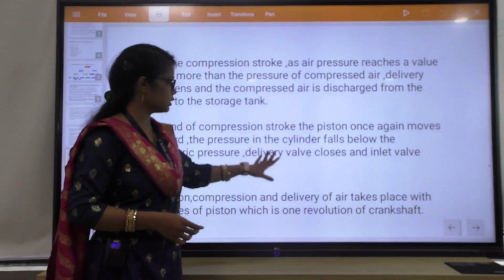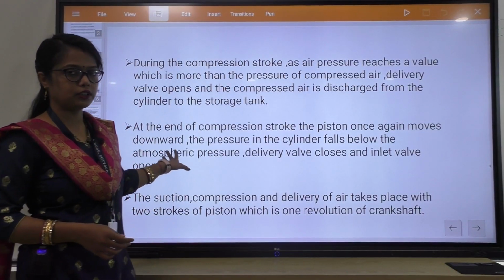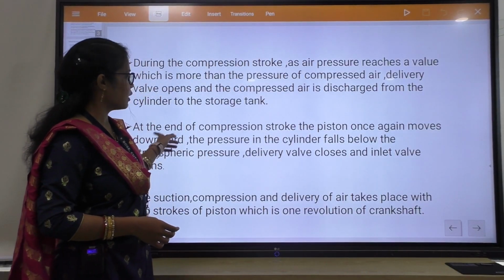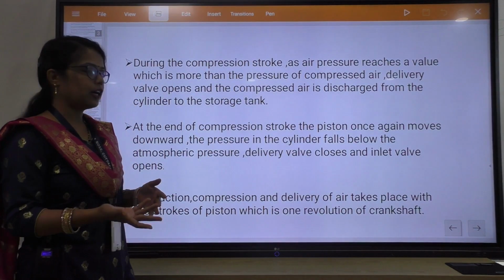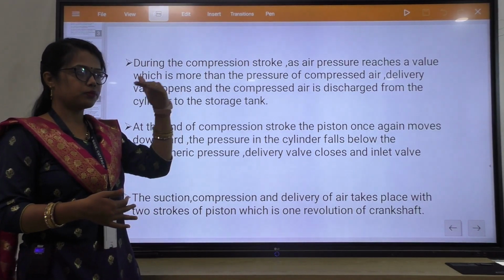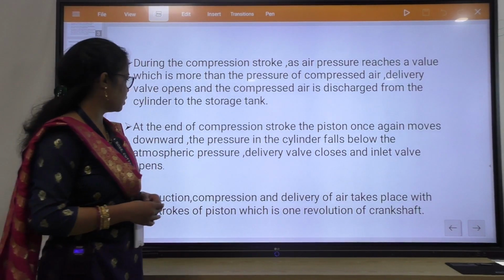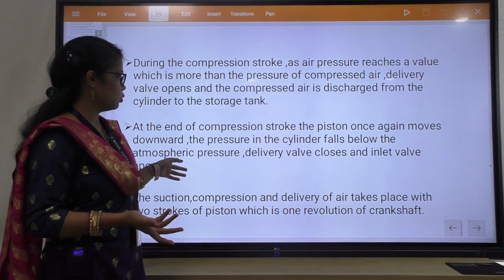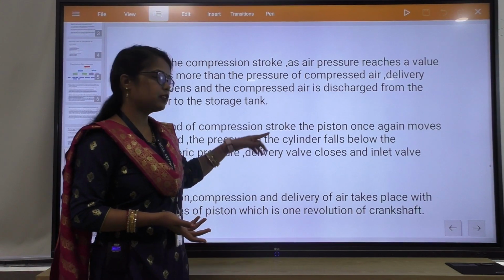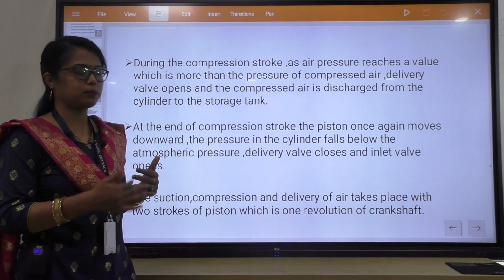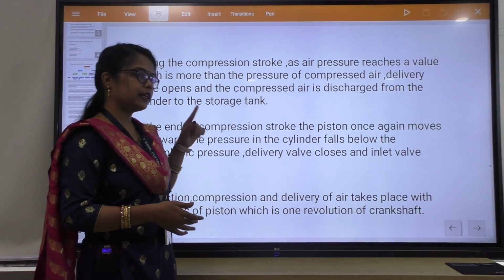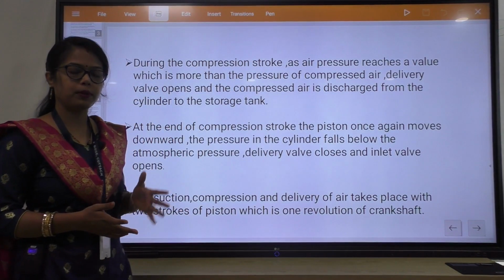The delivery valve closes and the inlet valve opens, for the next cycle. That means when the compression stroke is completed, the piston moves from the top dead center to the bottom dead center, and during that process the pressure inside the cylinder falls below the atmospheric pressure.